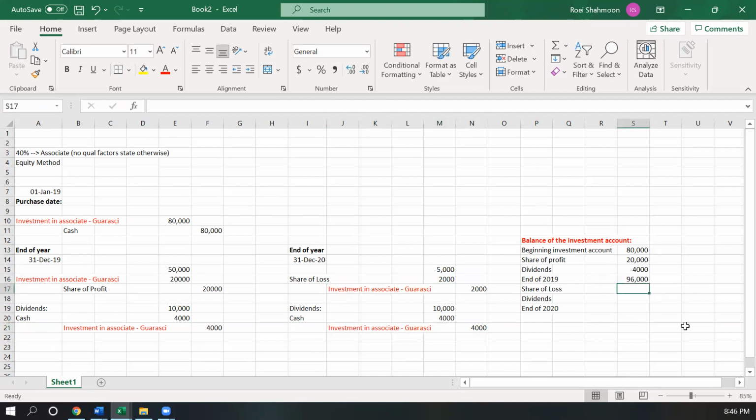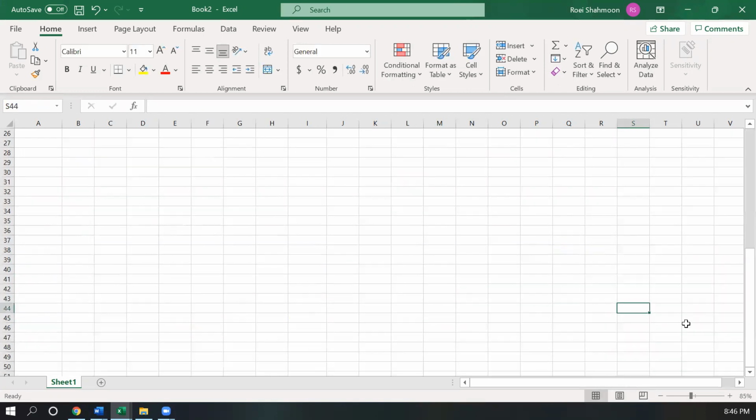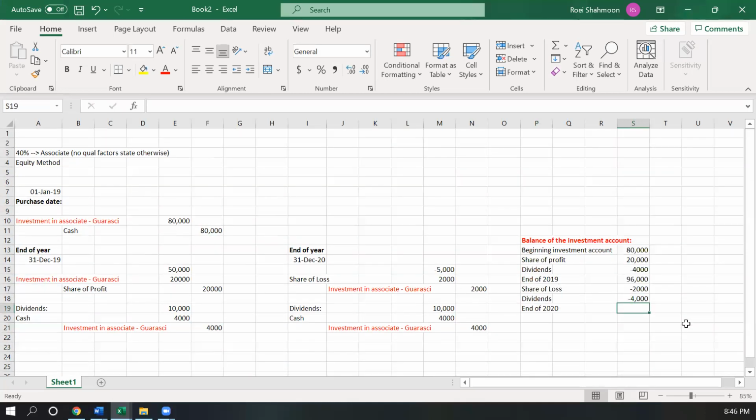So share of loss, that's going to decrease my account. And dividends, that will decrease it as well. So in total, guys, we have 96 plus the 2 negative plus the 4 negative, which gives me 90K. Okay, so let me put that in a little line over here. And this is our final answer, guys.